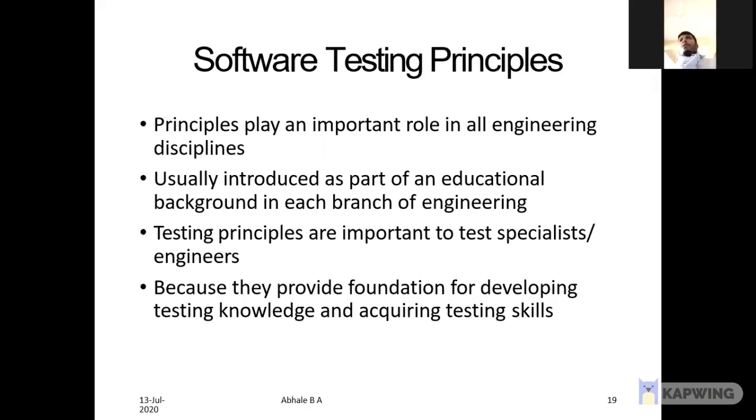Principles play an important role in all engineering disciplines, usually introduced as a part of educational background in each branch of engineering. There are testing principles which are important to the test engineer or test specialist, because they provide a foundation for developing testing knowledge and acquiring testing skill. For that purpose, they should know all the principles regarding testing.